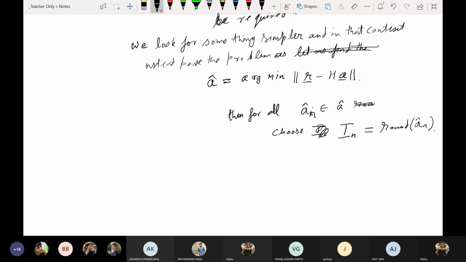Does this procedure make sense? Sir, what does round of a hat mean?